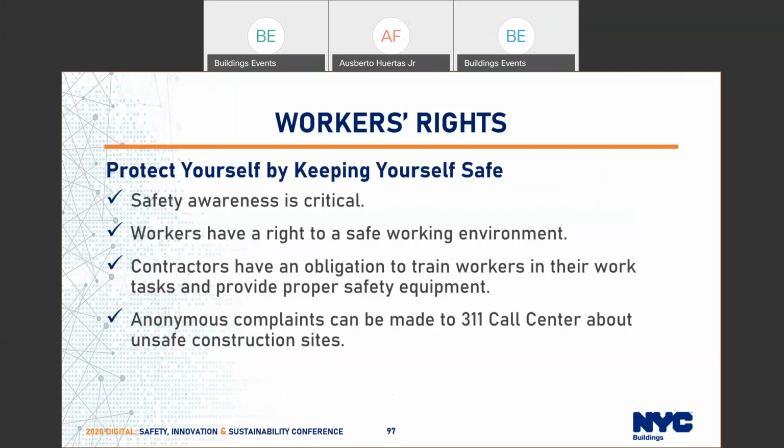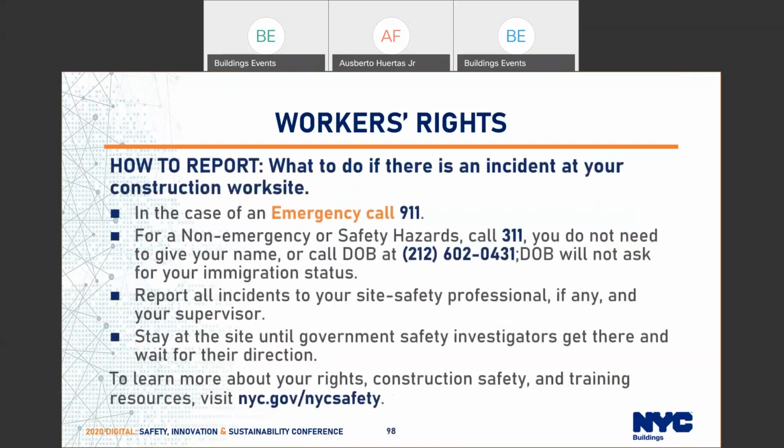If you feel you are working on an unsafe construction site, one that has hazardous conditions placing you at risk, you can lodge an anonymous complaint with 311. If you would like to report an incident or unsafe conditions, please call 911 if it is an emergency.